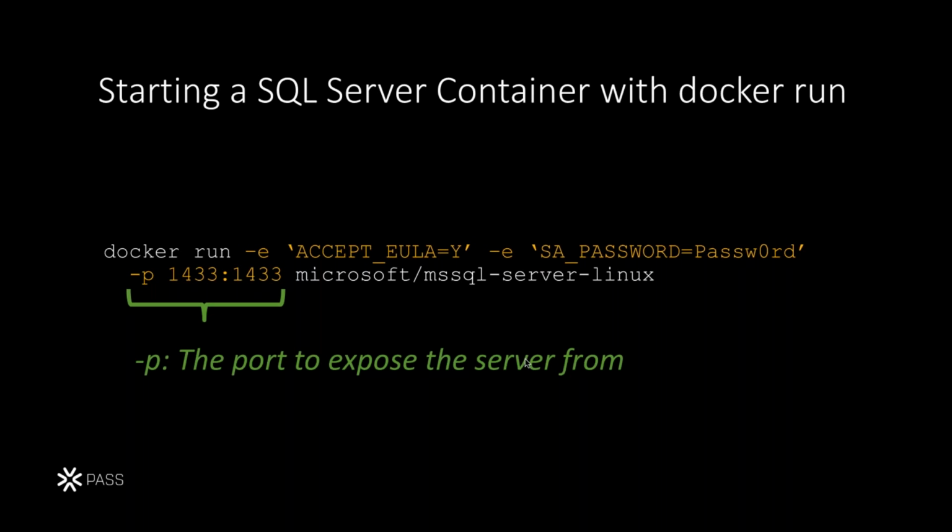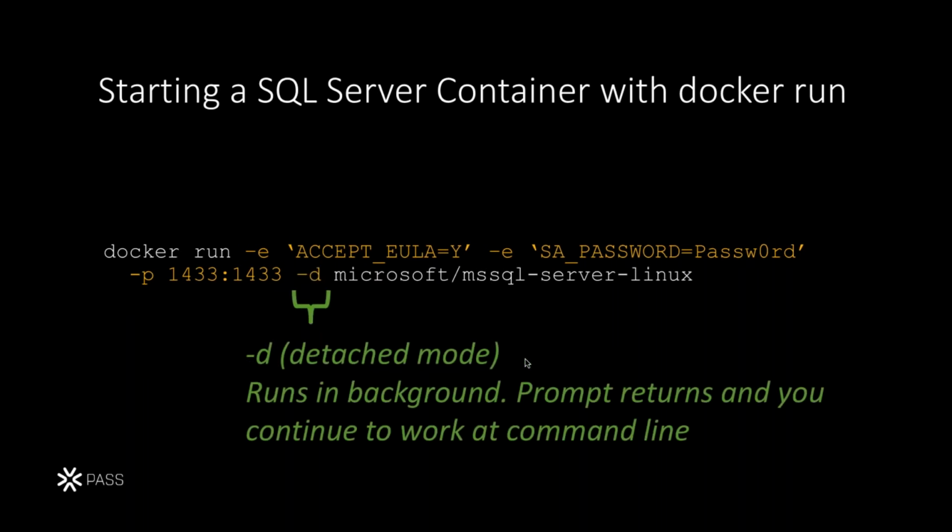Now, if I changed the first value on that to say, for example, 1401, then when I'm making the connection, it would be localhost port 1401, but within the container, SQL Server is still exposed at 1433. Took me a while to understand that.